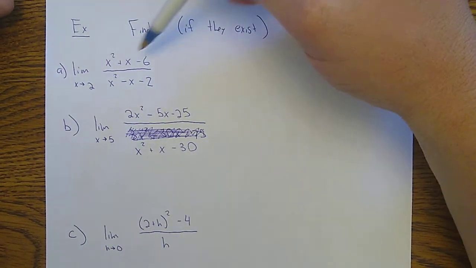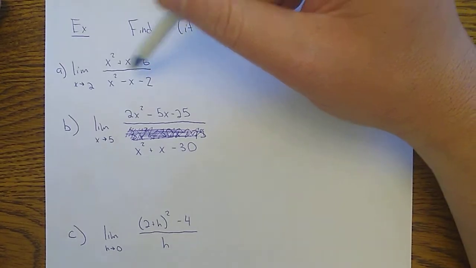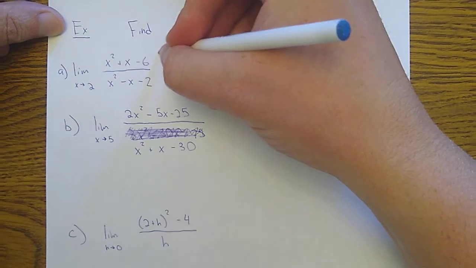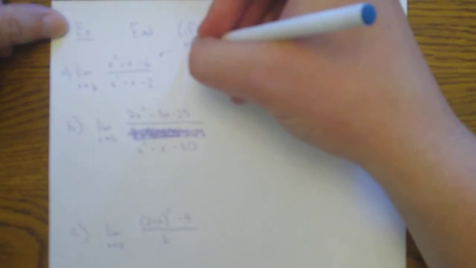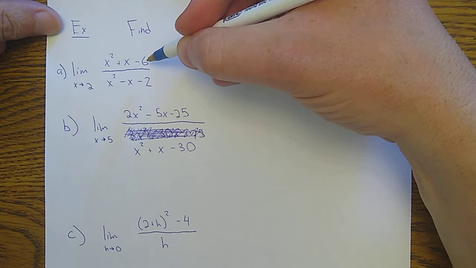The top is a polynomial, the bottom is a polynomial. So I could potentially get this by just plugging in x equals 2. But if I do that, this time I am going to find a domain problem.